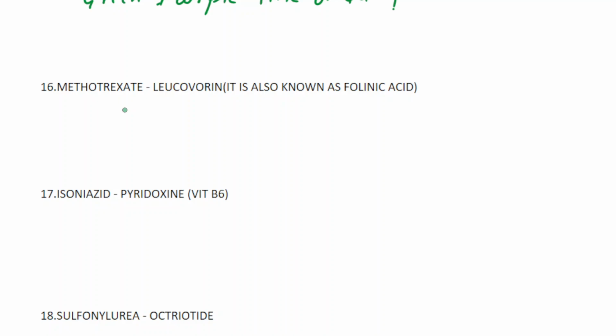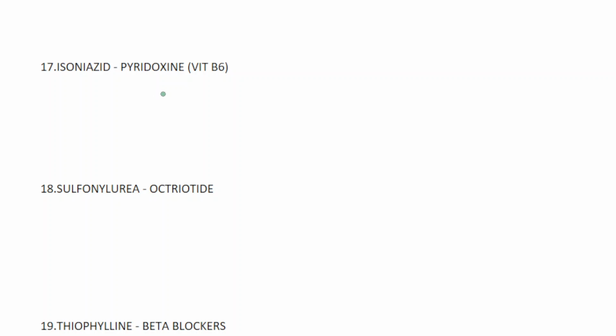It inhibits the metabolism of folate in pregnancy and causes NTD, neural tube defects, mainly. For methotrexate, leucovorin is the antidote. And the next one is isoniazid.